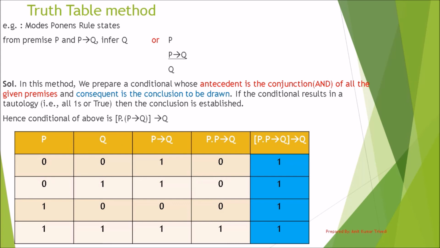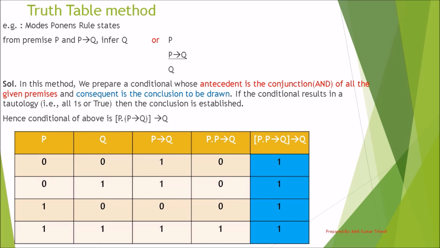Now for P implies Q, we all know that a conditional gives you 0 when antecedent is 1 and consequent is 0. Now in the third row combination you can see P is 1 and Q is 0. That's why P implies Q is 0.